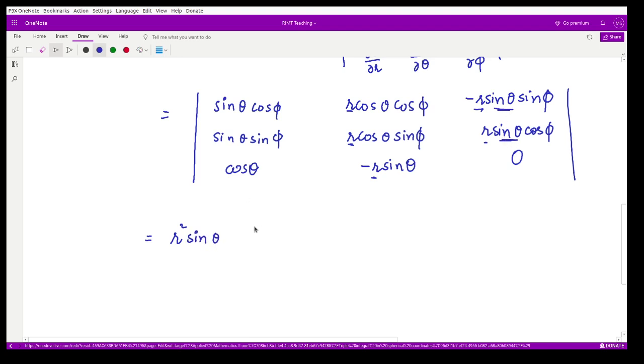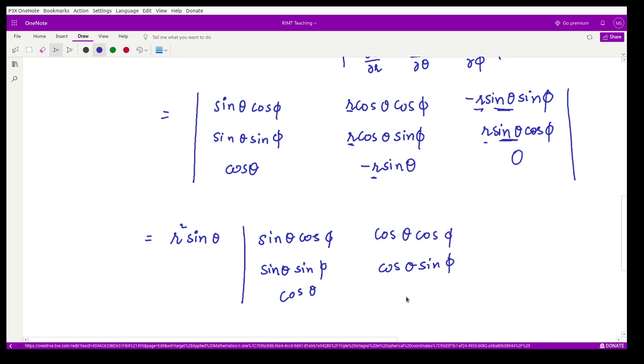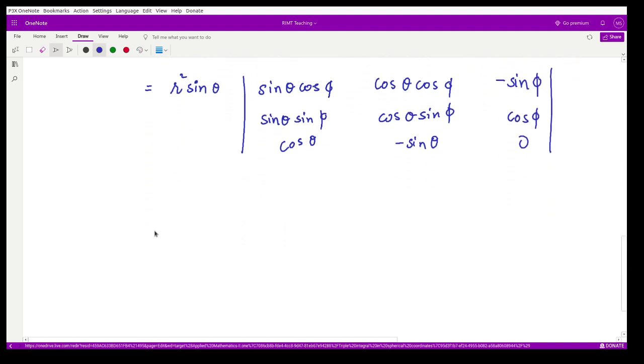So you are left with sin theta cos phi, sin theta sin phi, cos theta, and then cos theta cos phi, cos theta sin phi, minus sin theta, and here you will have minus sin phi, cos phi and 0. When you solve this determinant, your final answer would simply be equal to r square sin theta. This is after all the calculations.